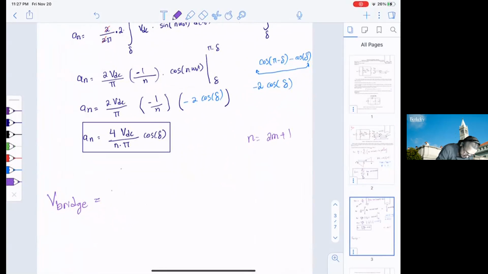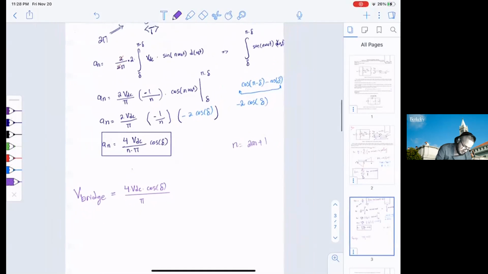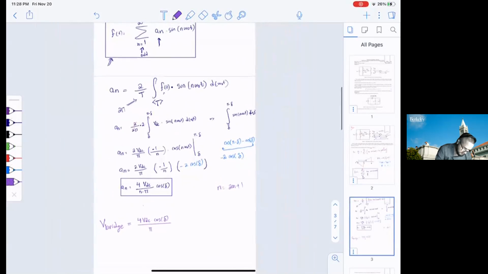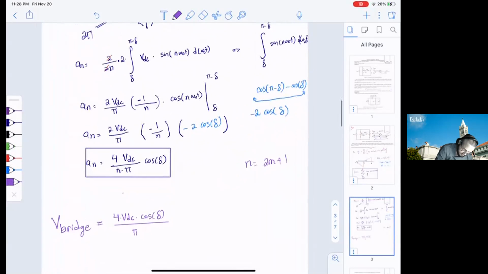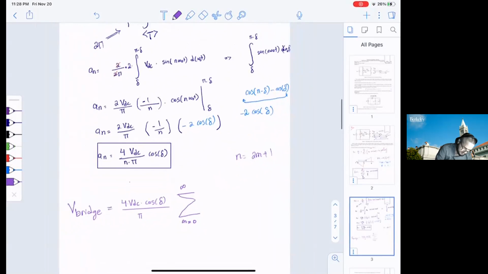So let's put that 4 VDC times cosine of delta, whole thing divided by pi, and then the sum over m from 0 to infinity, because it's all odd numbers.